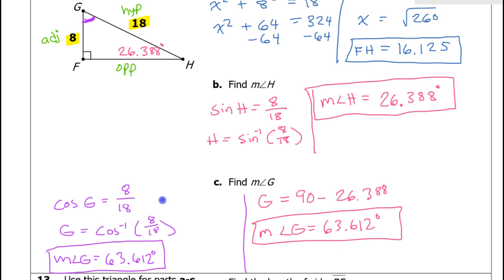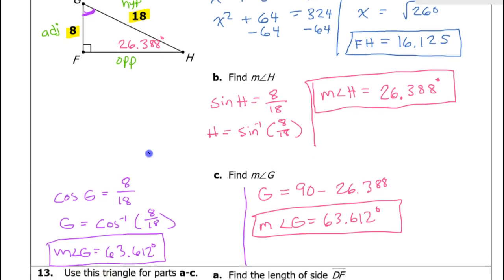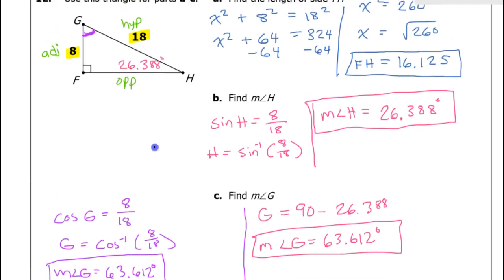Now, the advantage of doing it the first way, even though it's an extra step or two, is that we are not relying on another answer that we already found. The disadvantage of doing it the second way is that first we had to make sure that the measure of angle H was right.